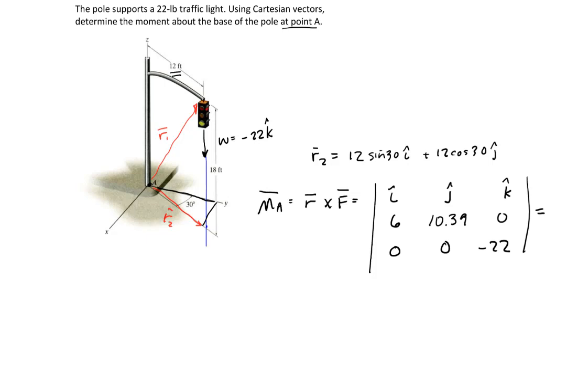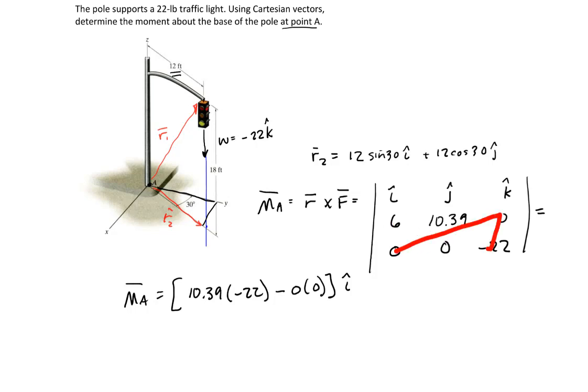So remember, the i component will be that times that minus that times that. So let's go ahead and write that down there. And that is the i component of the vector. The j component will be that times that minus that times that. And this is negative, and this is what a lot of students get mixed up on. That'll be 6.